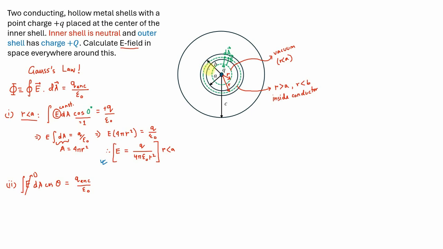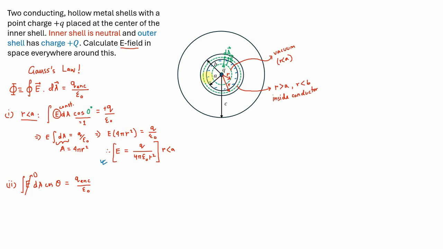That's the attractive Coulomb force, remember? So the inner walls become highly negative because all of the electrons from all parts of the conductor basically rush towards that positive point charge.